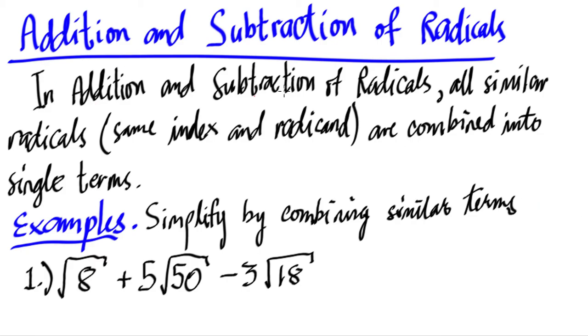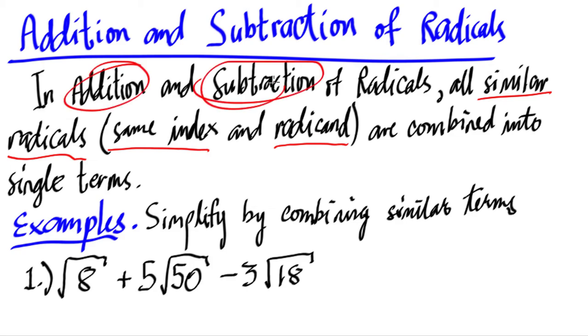In the addition and subtraction of radicals, all similar radicals, those radicals which have the same index and the same radicand, are combined into single terms. In essence, we look at these radicals to be variables. So we're going to combine the coefficients only, as when doing addition and subtraction of variables.